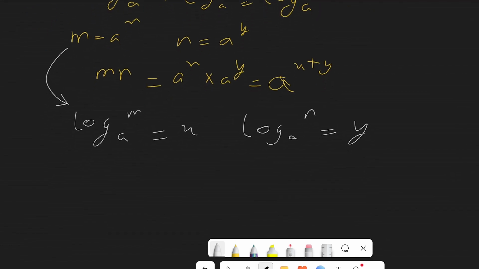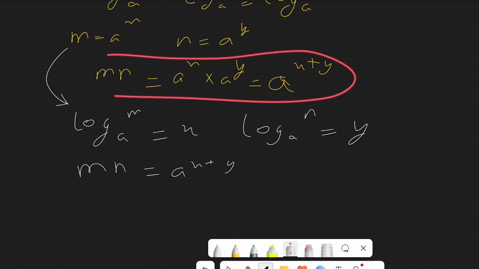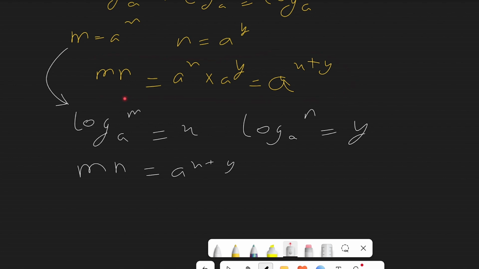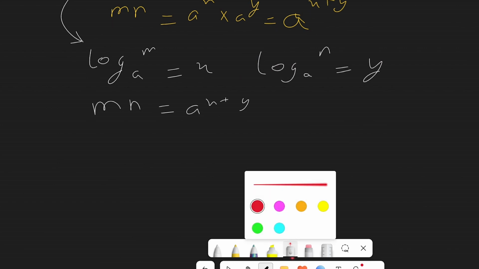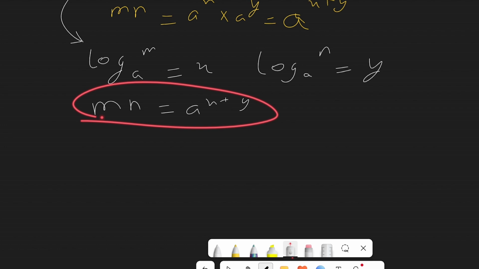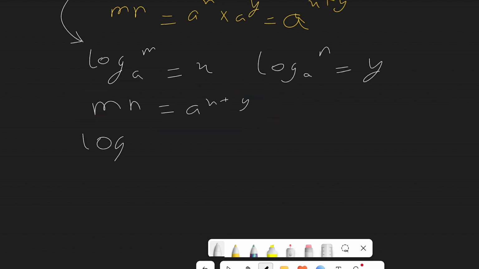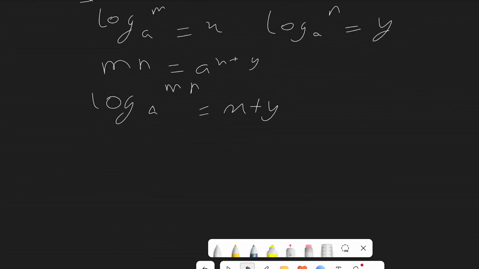So if we represent this in logarithmic form, log of mn to the base a would be equal to x plus y. Okay, so that way we can see that now we have two basic things, this over here, and then we have this.